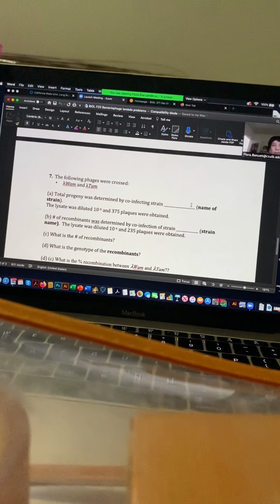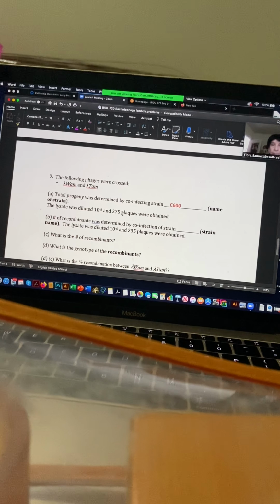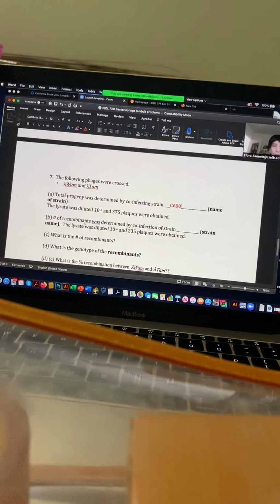Okay, so total progeny was determined by infecting what strain? C600. C600, that's good. Okay, so the lysate that you obtain is diluted 1 in 10 to the 8th, and you obtain 375 plaques. Now the number of recombinants was determined by co-infection of a strain.